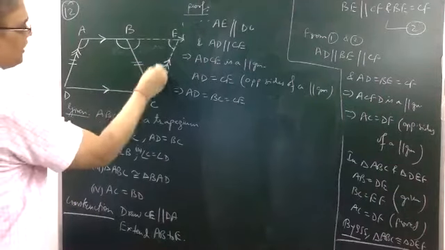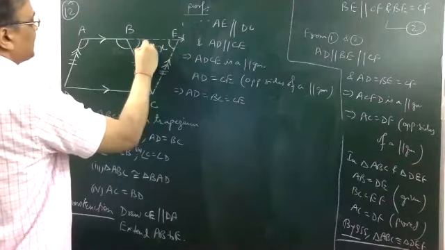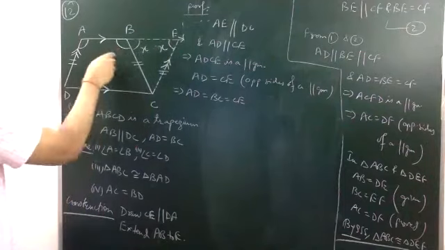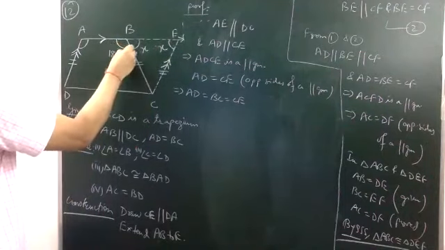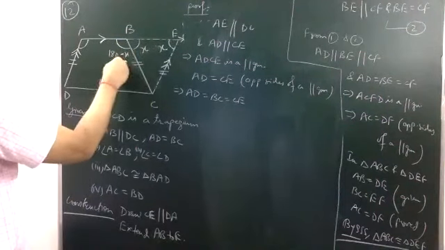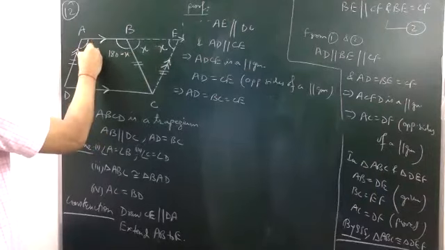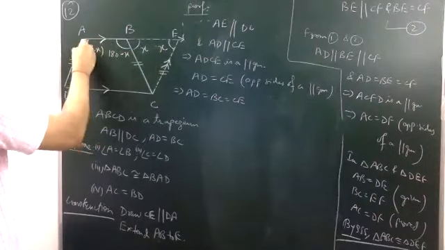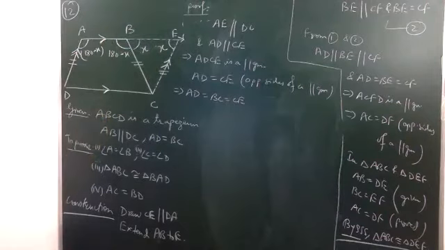Now if these two are equal, let's say this is x, this will also be x. So this will become 180 minus x by linear pair, and these are co-interior angles. This is also 180 minus x. So that will make A and B equal.